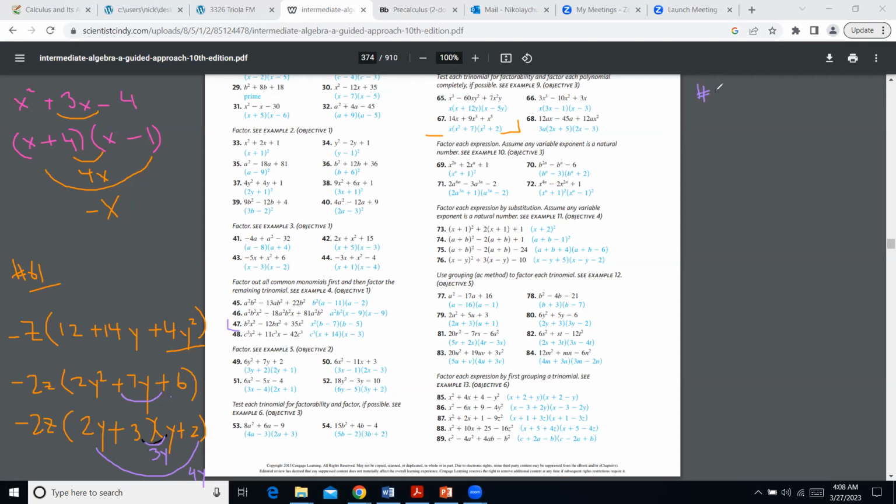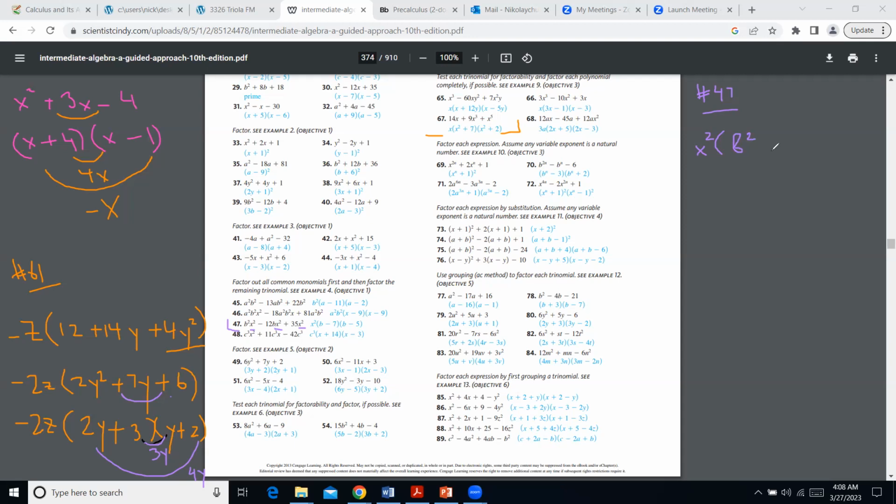This exercise wants us to take a look at a trinomial that has x squared in every single term. So why don't I factor it out? We start with taking out the common factor, which will be x to the power of 2.